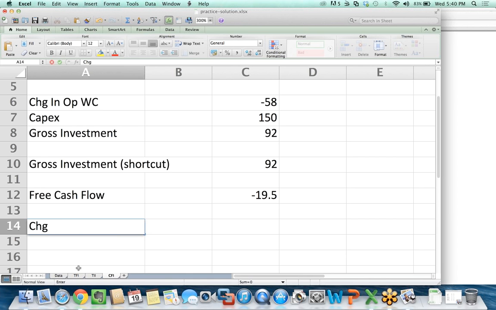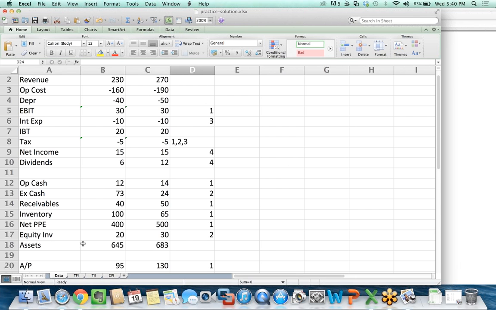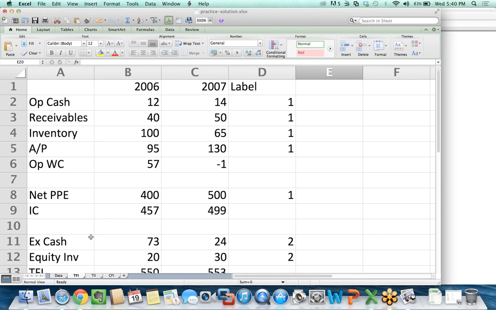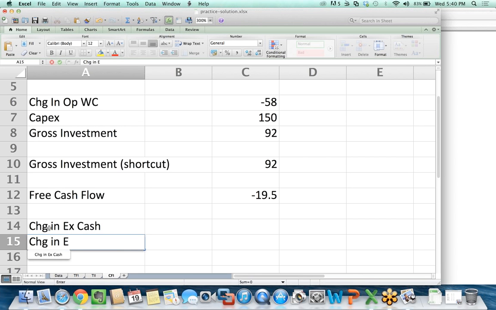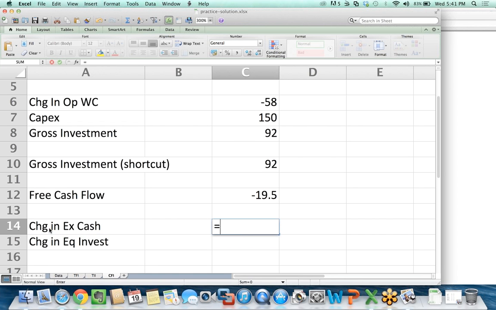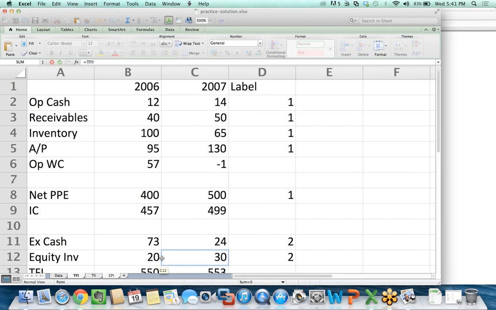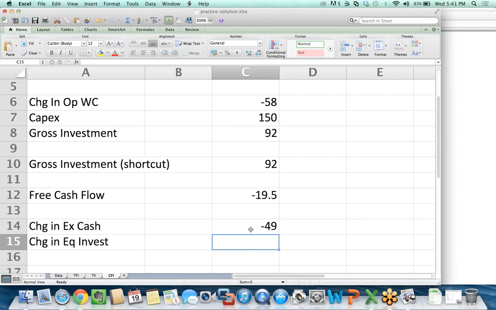So I have my change, in this case, in excess cash, and change in equity investments. So in this case, my excess cash went from 73 to 24. So it went down by 49.